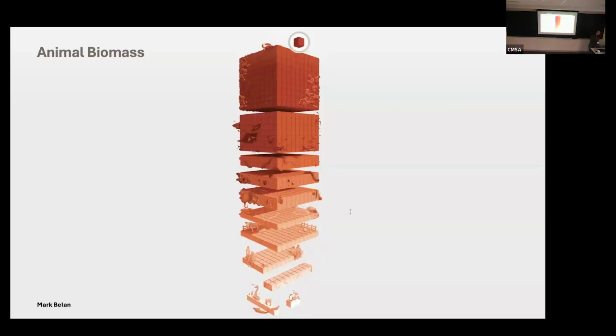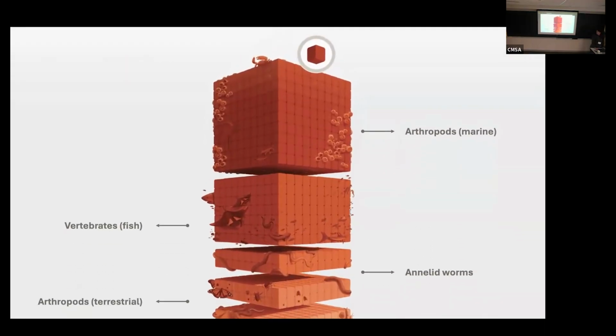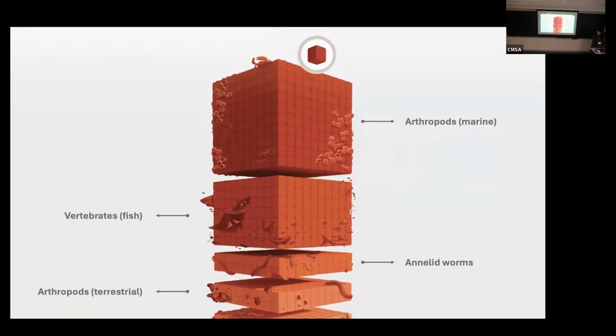In fact, segmented animals make up most of the Earth's animal biomass, with marine arthropods as the most represented group, followed by fish, annelid worms, and terrestrial arthropods, all of which are segmented, of course. That makes a good case for studying the evolution and development of this trait, because if we understand how segmentation is generated and how it evolves, we can understand a high portion of the diversity that we see.